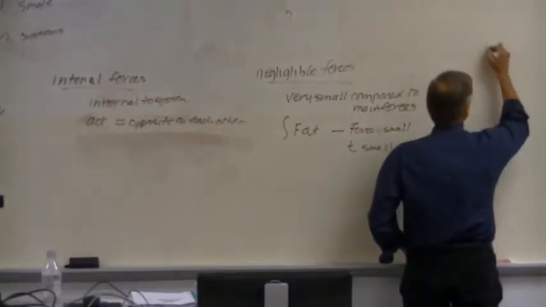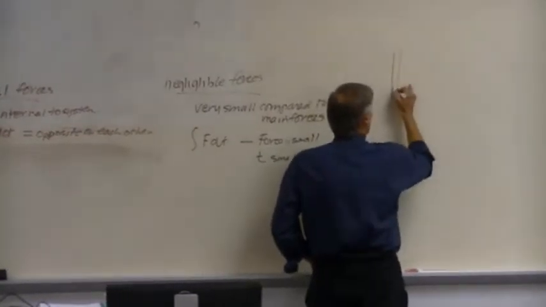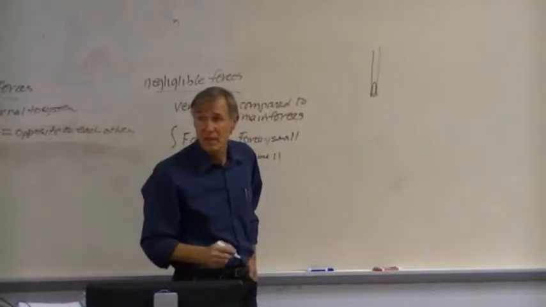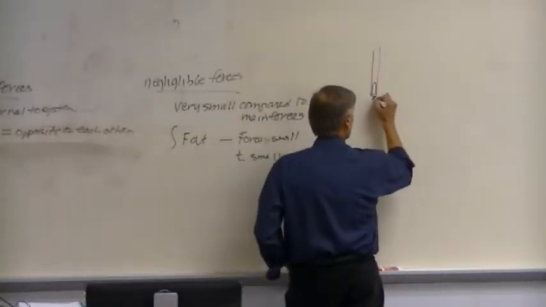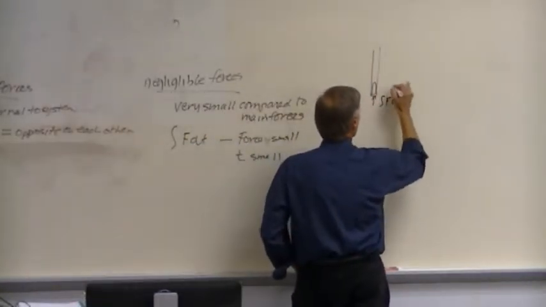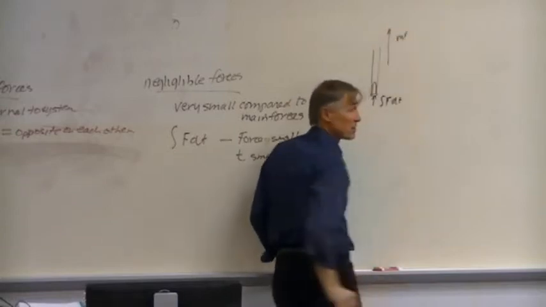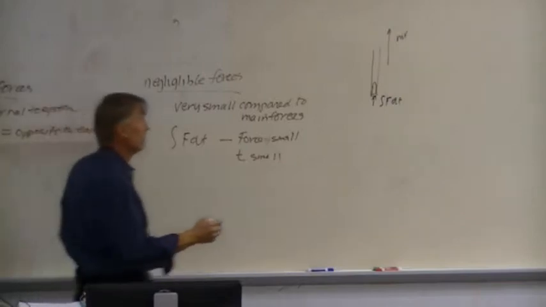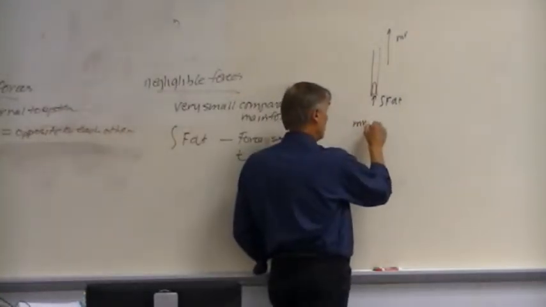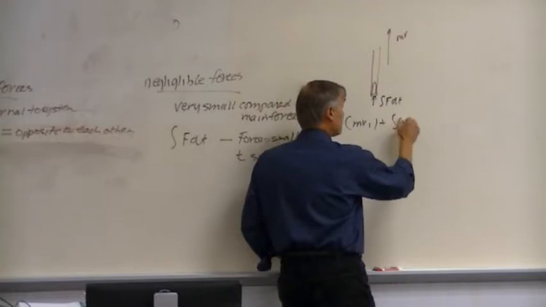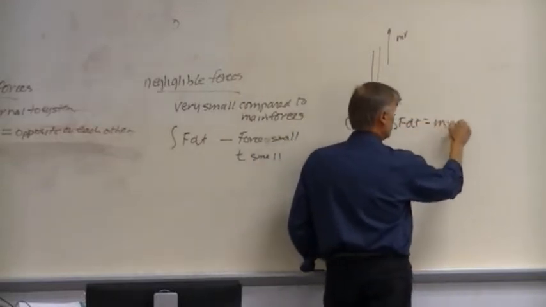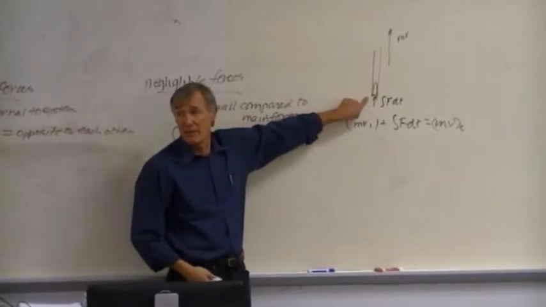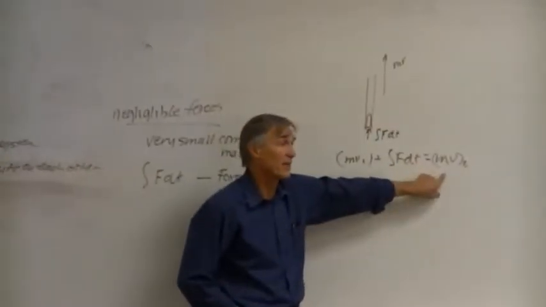Let's say you have a bullet in a rifle barrel, and you give it some impulse, some integral of F dt, and it's going to end up having some big mv as it goes out. If you fire it straight up, it's got an mv1, which is 0, plus the integral of F dt is going to be an mv2. Now, the force pushing it up is really, really big because you're going to have a huge mv.